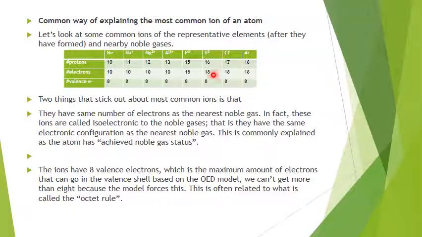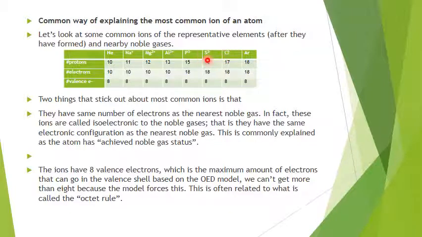Now, one thing to notice is that when an atom becomes a positive ion, it has the same number of electrons as the nearest noble gas, which is neon, found up in the previous row. Neon has 10 protons and 10 electrons.